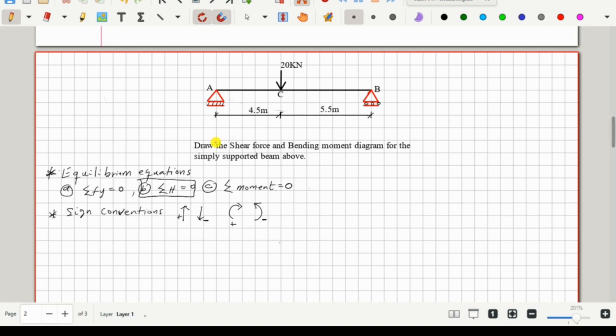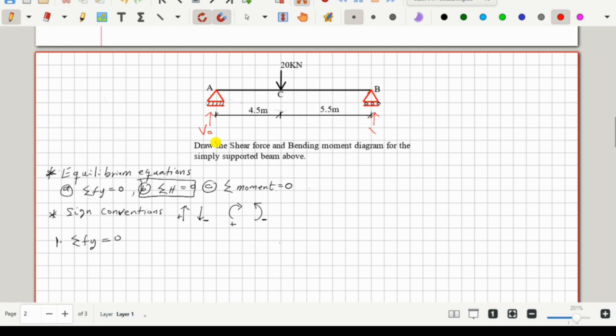Right, so let's begin. We will start off with the first condition. So let me call that 1. Summation of our Fy equals 0. Now, when we look at the sketch or the example at support A, which is a hinge support, we'll have a vertical reaction. And let's call that vertical reaction VA. And then at support B, which is a roller support, we'll have a vertical reaction.